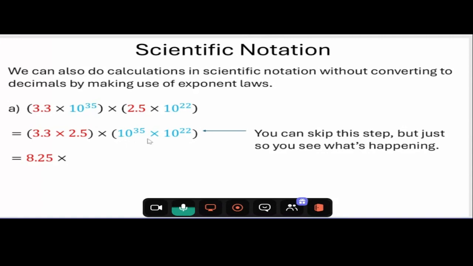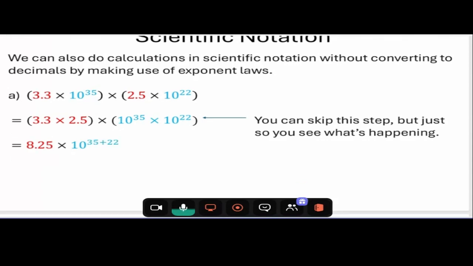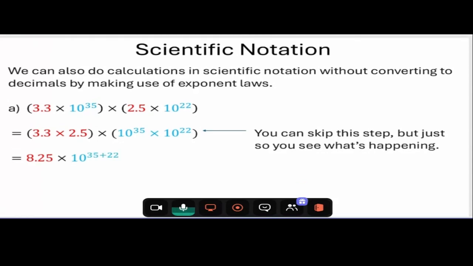When we multiply with the same base, what do we do to the exponents? We add them. So that's 10 to the 35 plus 22. 35 plus 22 is 57. Now again, you can see here why I say you can skip this step.